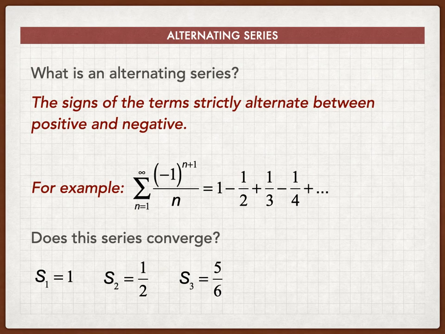The fourth partial sum decreases by 1/4. 5/6 minus 1/4 makes 7/12. This is bigger than s sub 2, which was 1/2. The fifth will increase, but only by 1/5, and then decrease by 1/6.